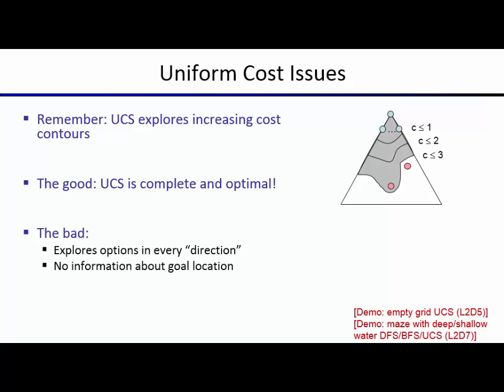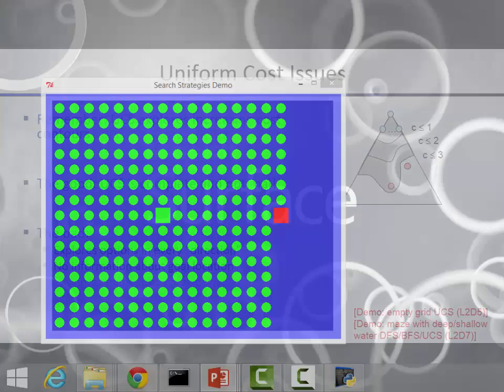The bad is that it explores in every direction and uses no information about the goal. So let's take a look at what that means in terms of exploring every direction.